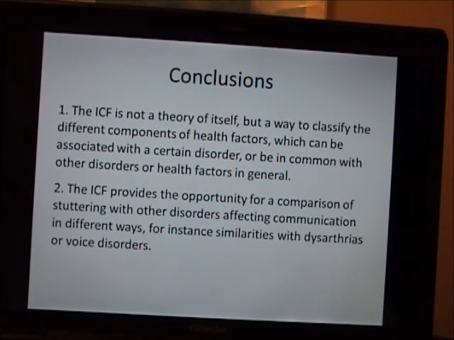The ICF provides the opportunity for a comparison of stuttering with other disorders affecting communication in different ways, for instance similarities with dysarthrias or voice disorders.